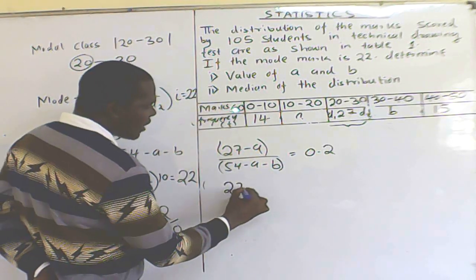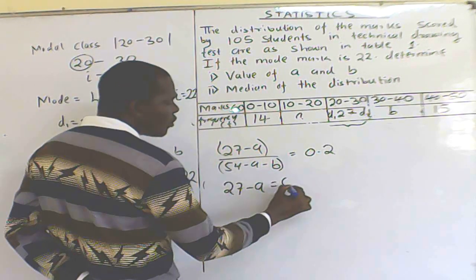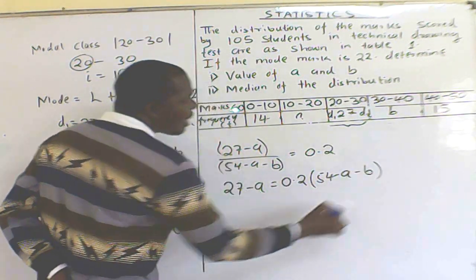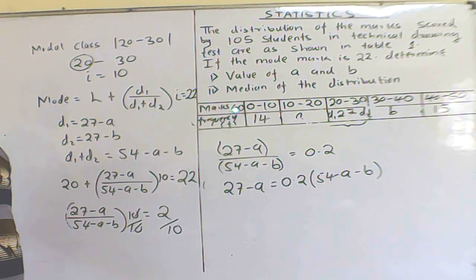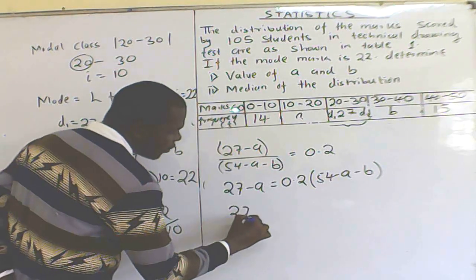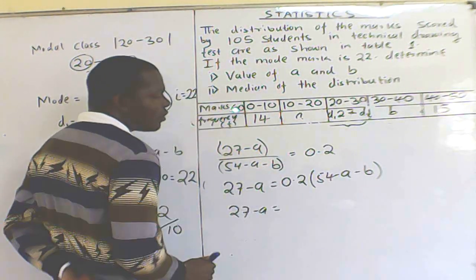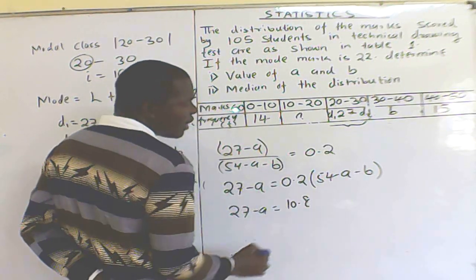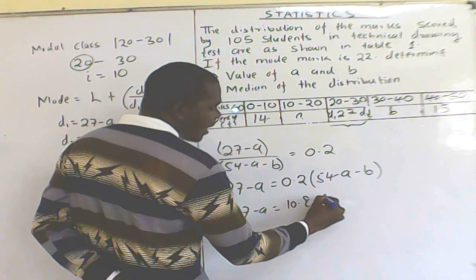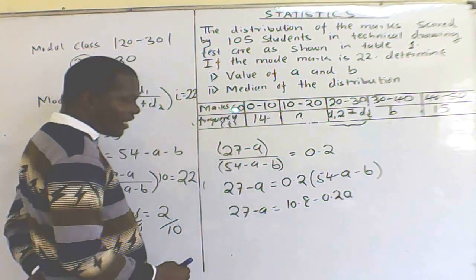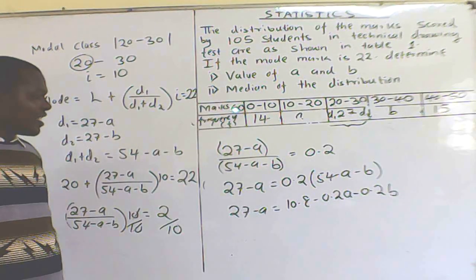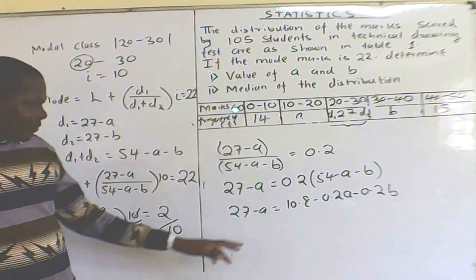So we have 27 minus A equals 0.2 times 54 minus A minus B. What do we have there? 0.2 times 54 is 10.8. 0.2 times negative A is negative 0.2A. Then 0.2 times negative B is negative 0.2B. Let's start collecting.